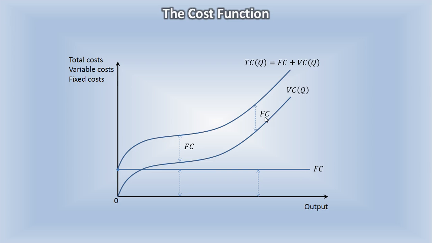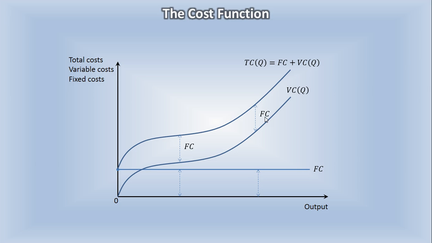So the total cost is going to represent and reflect the properties that we talked about with respect to production overall. So initially, you have that increasing returns range to production in which you hire additional folks and they produce more than the prior folks. That means that each additional unit of output, the marginal cost of each additional unit of output will be decreasing.